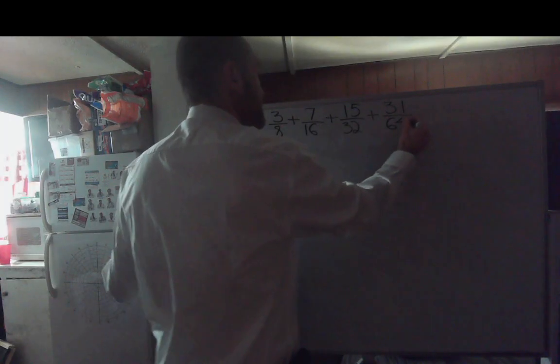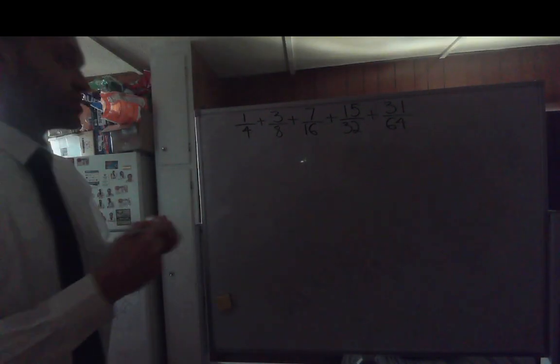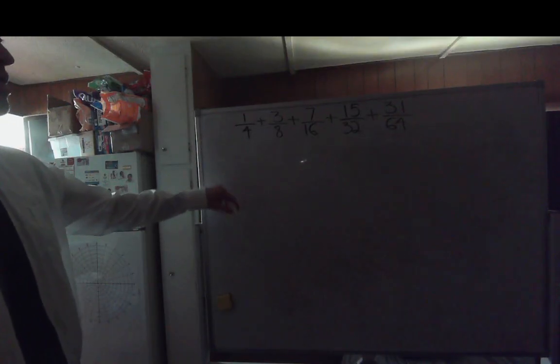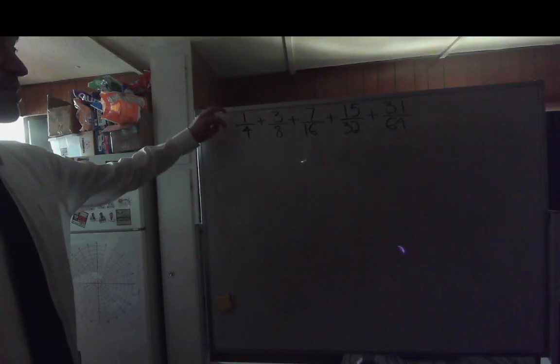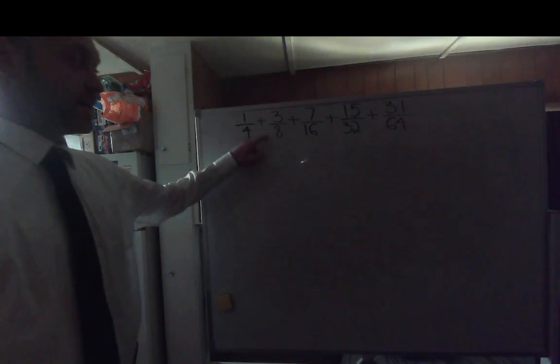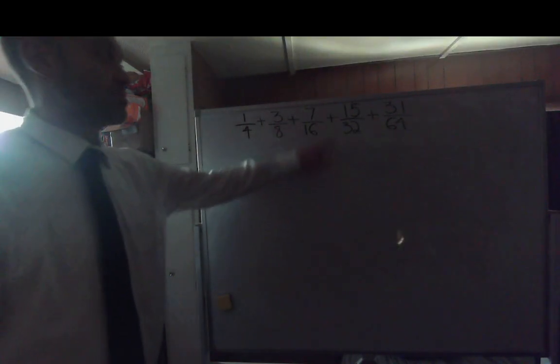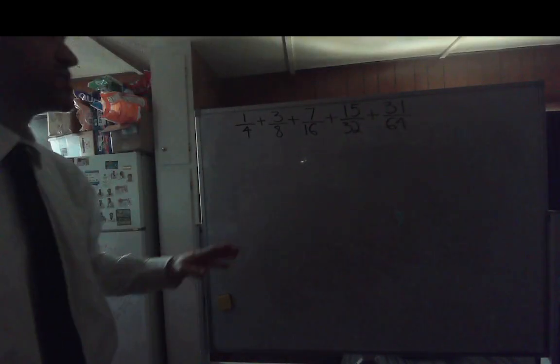And it actually stops there. So we have 1/4 plus 3/8 plus 7/16 plus 15 32nds plus 31 64ths.